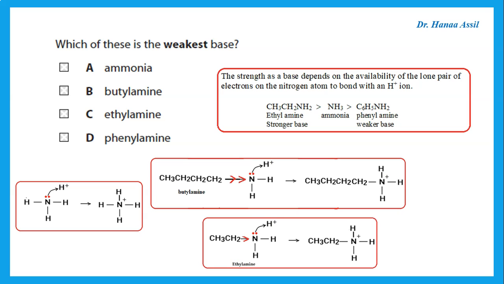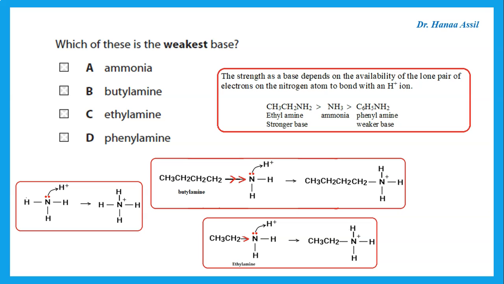Amines are derivatives of ammonia, so we remove one of the hydrogens and put an alkyl group or a benzene ring. Alkyl groups mean carbons and hydrogens, like the butyl group or ethyl group. Alkyl groups are what we call electron donating.